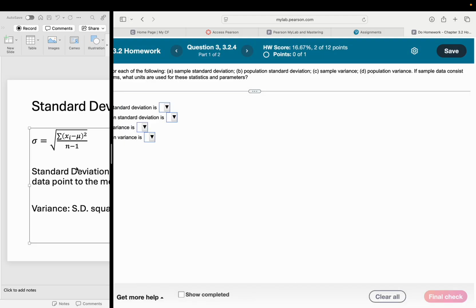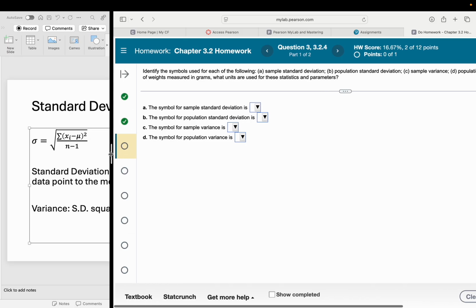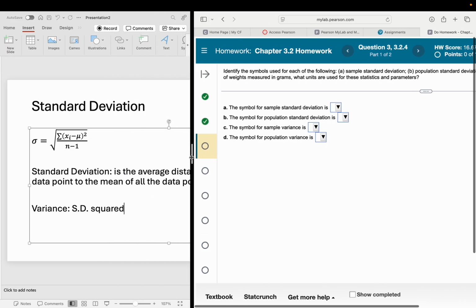In other words, your variance is what you get before you take that final square root. So if you square this thing, you're eliminating the square root on the other side, so you're changing what unit you're measuring.